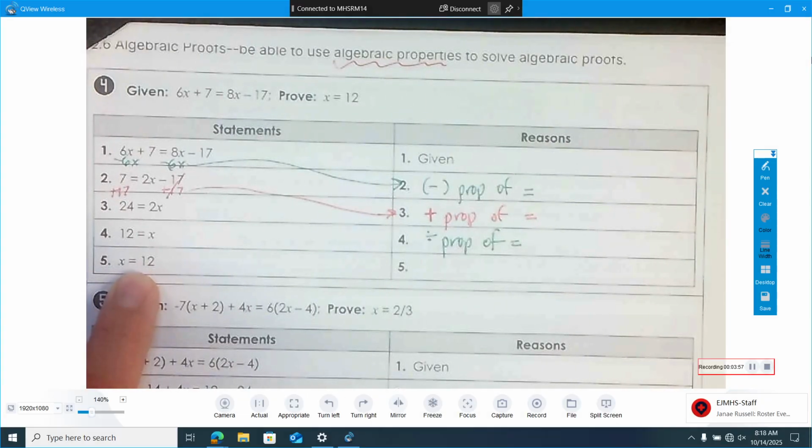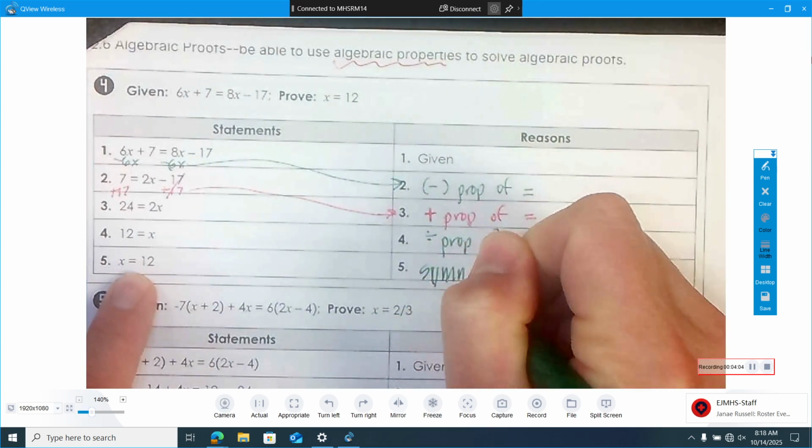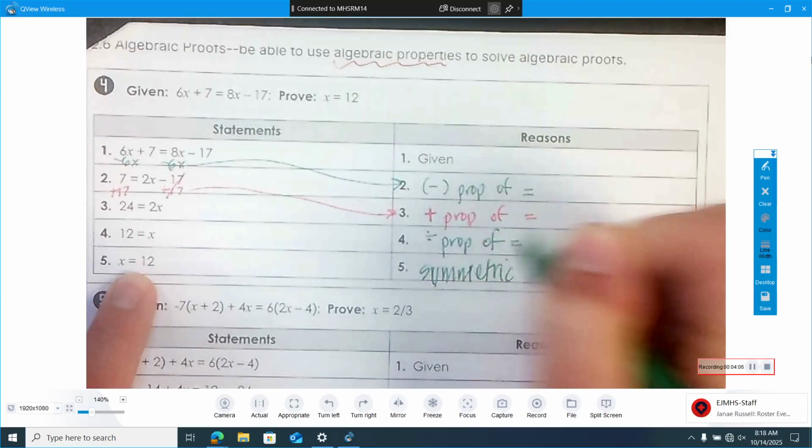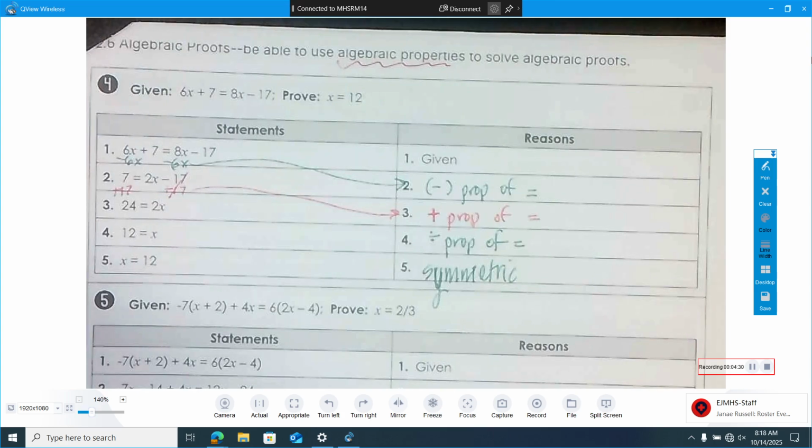What property allows us to spin something around the equal sign? The symmetric property. All right, the symmetric property allows us to spin something around an equal sign or a congruent sign. So if you're thinking we had to spin it around, that's symmetric, okay? They both start with S. Symmetry is symmetric, and spin it, symmetric. Okay, good.